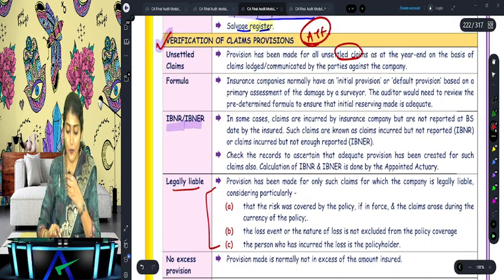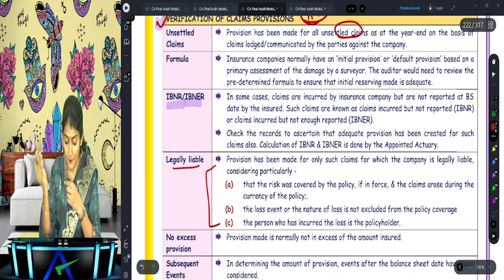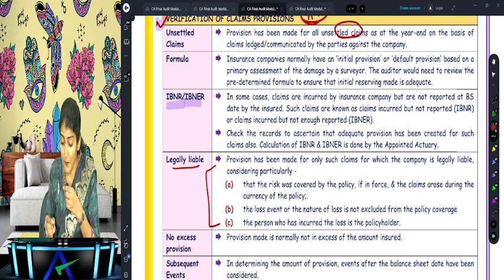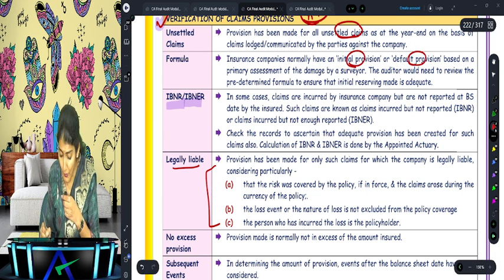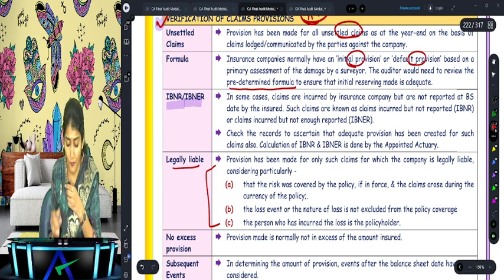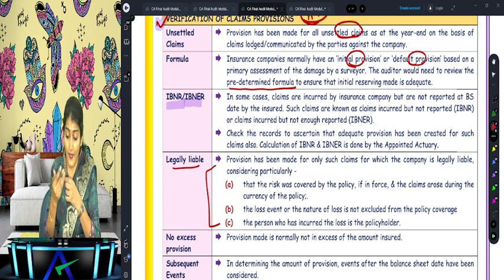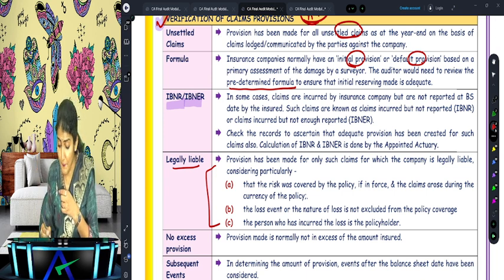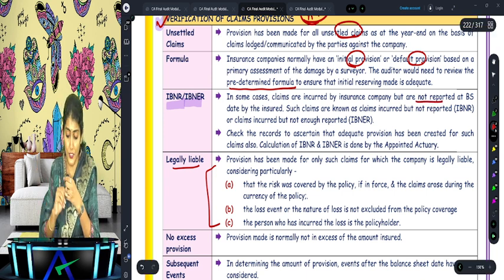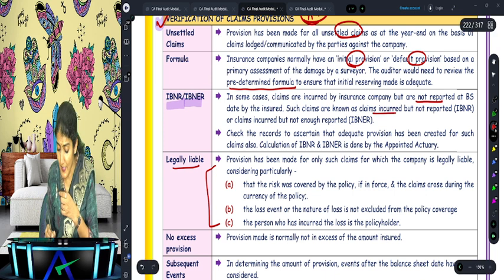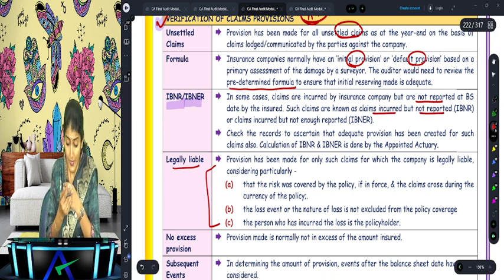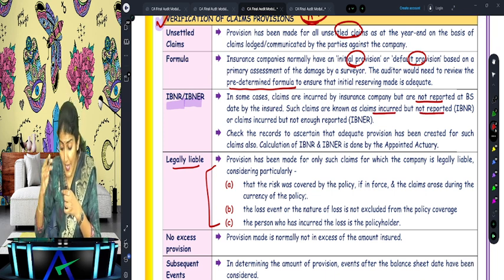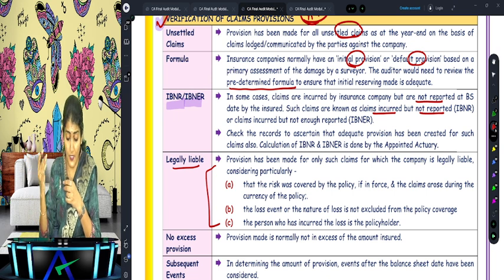So what are we talking about? Unsettled claims. Insurance companies normally have an initial provision or a default provision, and this is done on the basis of a predetermined formula. Then claims are incurred by the insurance company, but they are not reported at the balance sheet date. Such claims are known as claims incurred but not reported. Check the records to ascertain that adequate provision has been created for such claims also.